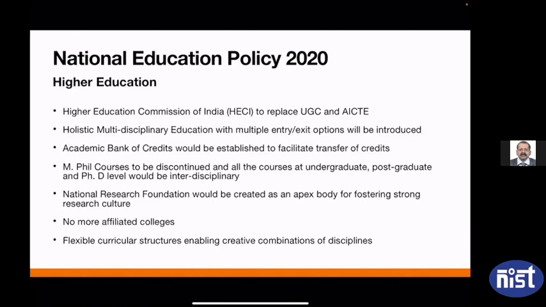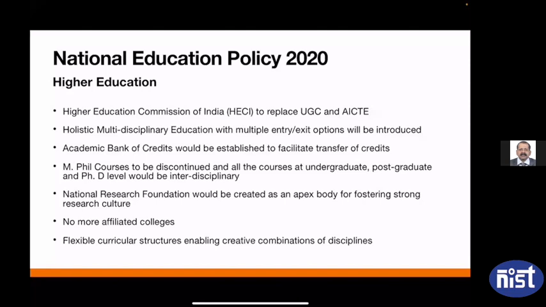And all universities will be run on the basis of a credit system, and there will be facilities to facilitate transfer of credits. If somebody has left at a particular stage, wants to join back at some other university, the facility to transfer the credits for the education already attained will be there.